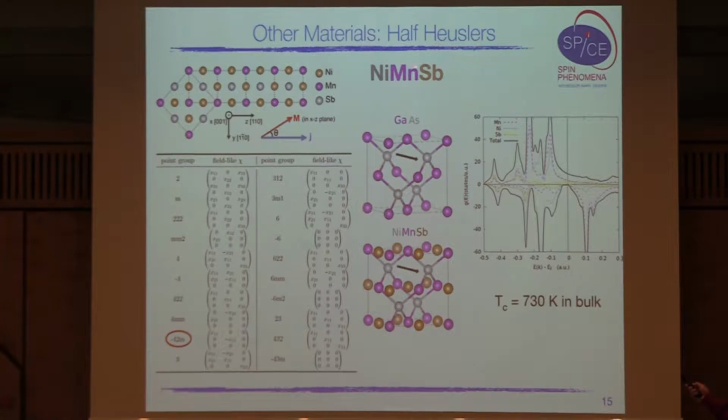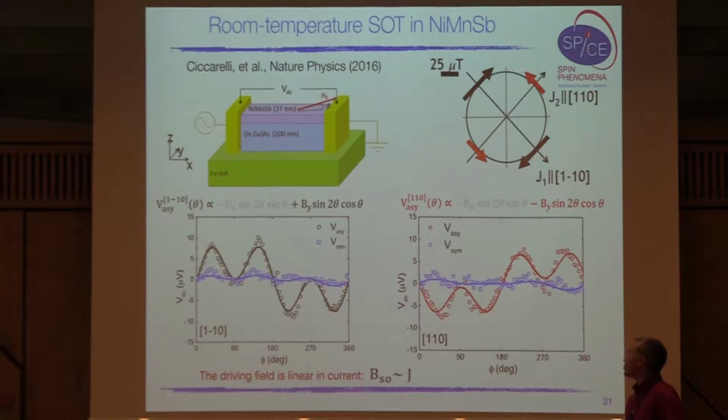You can also now look at an actual metal, in this case half-Heuslers with similar structure, nickel manganese antimonide, and experiments showed that you can also have field-like torque at room temperature. It was dominated in this case by the field-like component, shown at room temperature by a recent paper by Sarah.